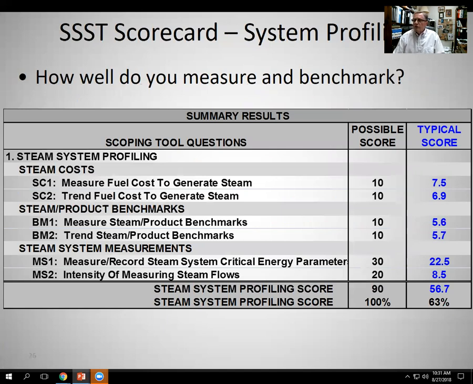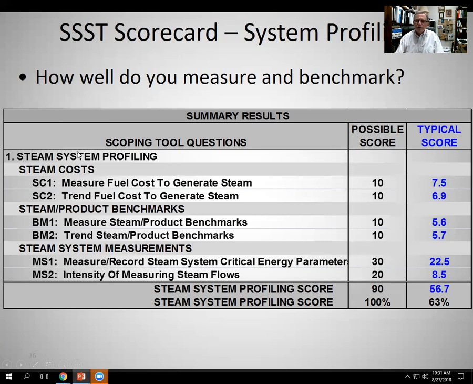So what it does, it gives us a certain number of points in each category, and then the user of the system was to assign his own score. So however well they thought they did. So this would be 10 points, so that would be a 0 to 10 scale.